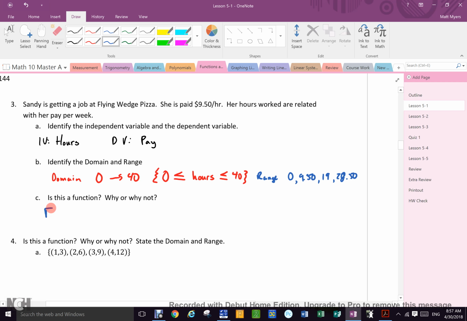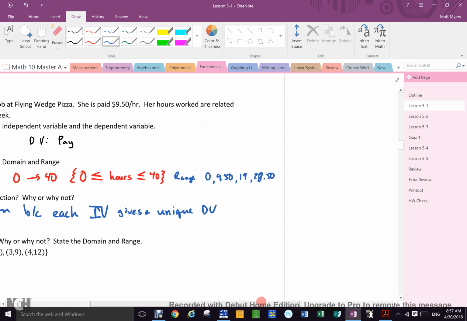So this is a function, because each independent variable, IV, gives a unique DV.